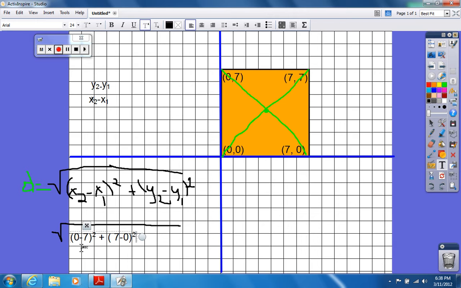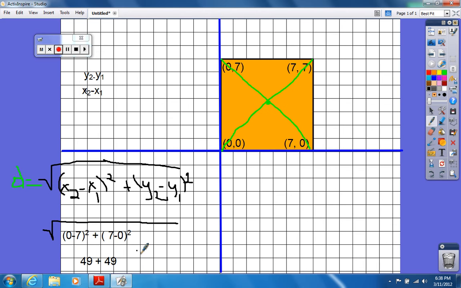Okay, so 0 minus 7 is negative 7 squared, which means negative 7 times negative 7, which is 49, plus 49, making it the square root. My final answer is the square root of 98.